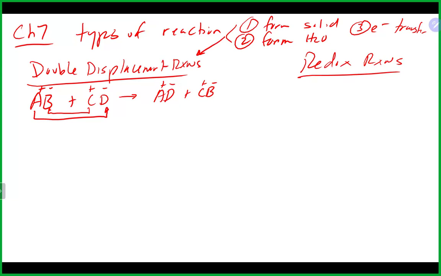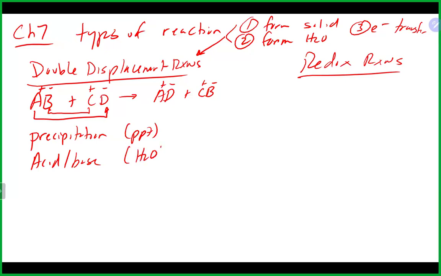Either you form a precipitate or you make water. And the two subcategories of this type of reaction are a precipitation reaction, where you do form a precipitate, and an acid-base reaction, where you form basically water.